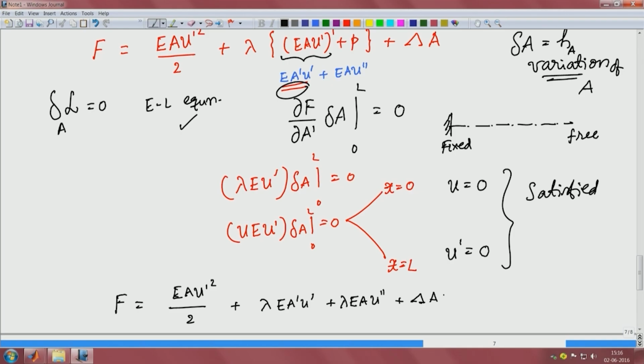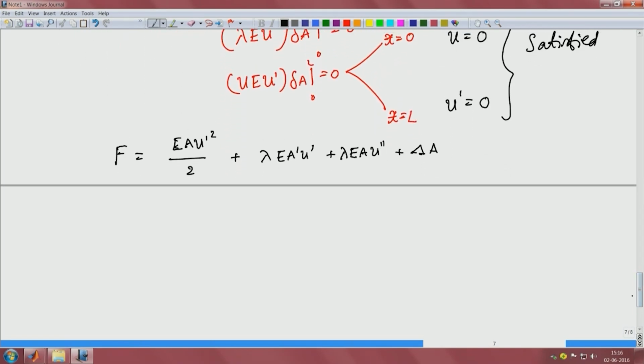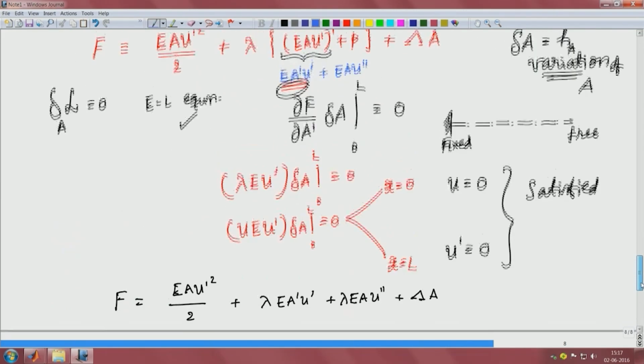I am just writing it for convenience. As we go down to the next thing, here we want to write the Lagrangian derivative with respect to u, right. Then we get what we called the adjoint equation, which we already dealt with, the Euler-Lagrange equation, plus our boundary conditions.